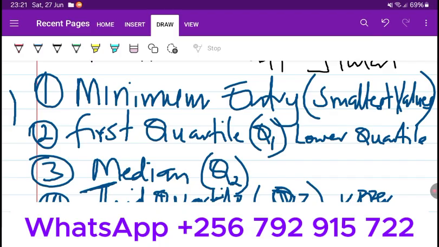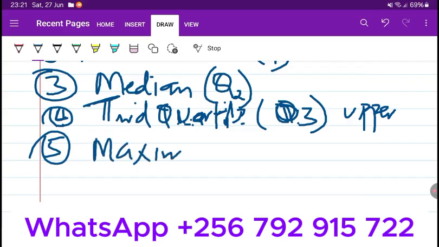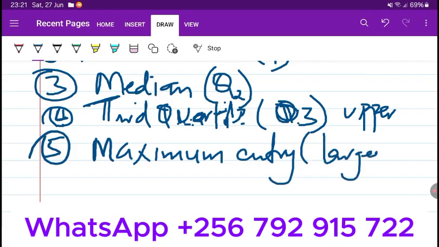So let's write the fifth, number 5, which is the maximum entry or the largest value.